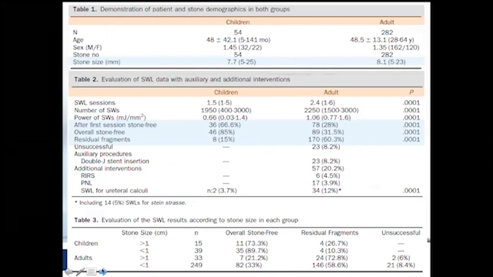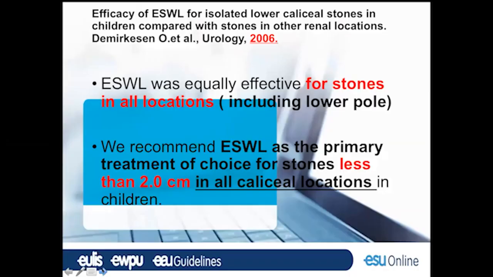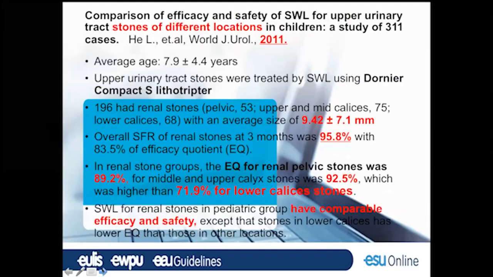Here you see, when we compare lower pole stones in adults and children together, more than 67% of the cases after the first session were stone-free in kids when compared to 28% in adults. Also, in another study comparing all calyceal positions to treat the stones in kids, lower pole stones are really very responsive in terms of disintegration, and spontaneous passage rates are also high.